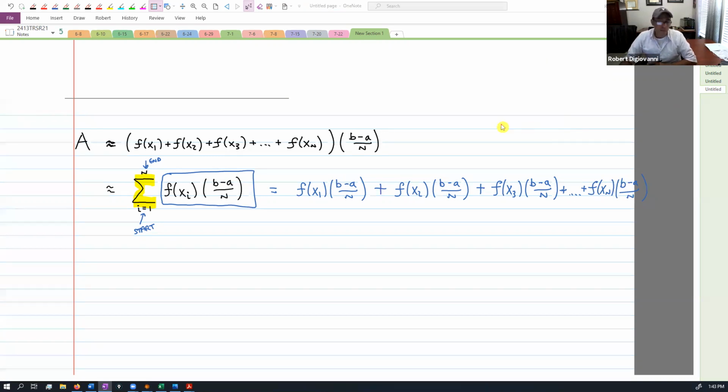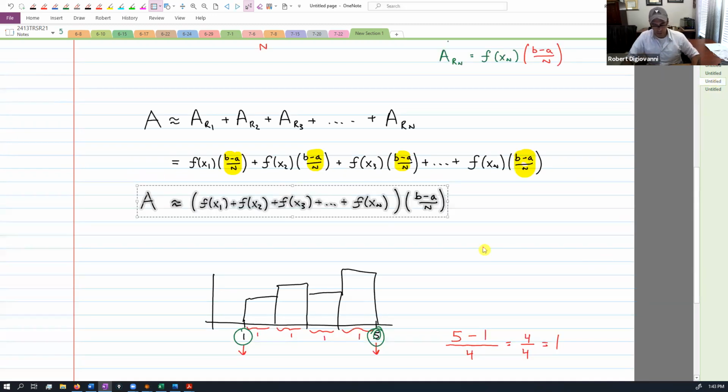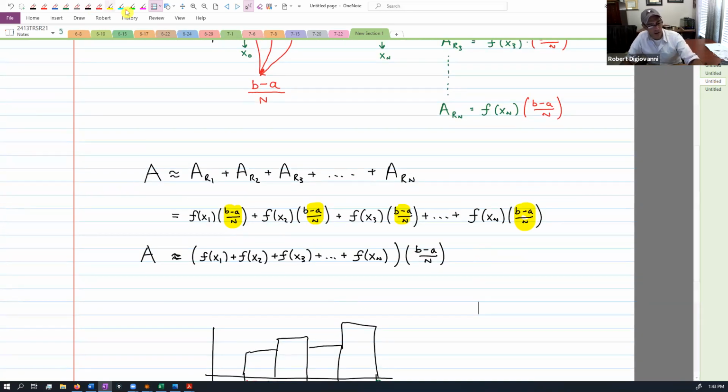This is called a summation. The Greek letter S, this is sigma, which is a summation. Do you all see that this is a very nice, tight, compact way of writing out what we had on the previous page?